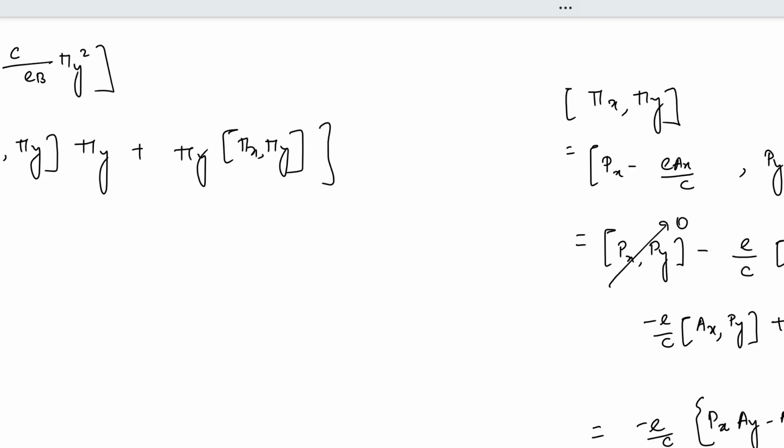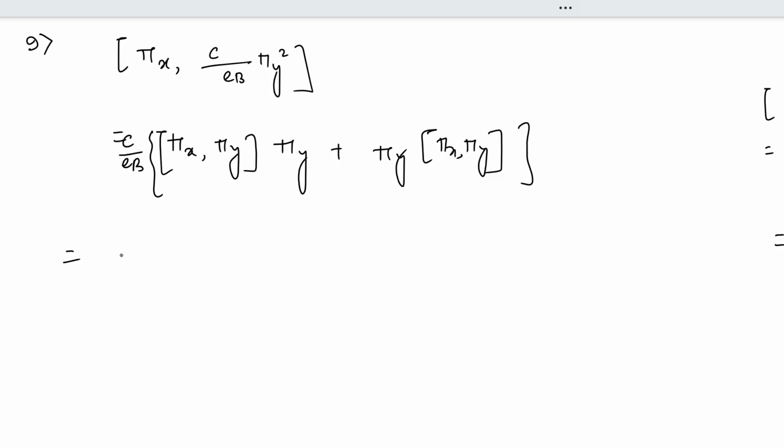Then you have this is equal to minus e by c, minus i h cut del Ay del x plus i h cut Ay del x minus i h cut Ax del y plus i h cut del Ax del y. So this is the pi x pi y commutator bracket relation.